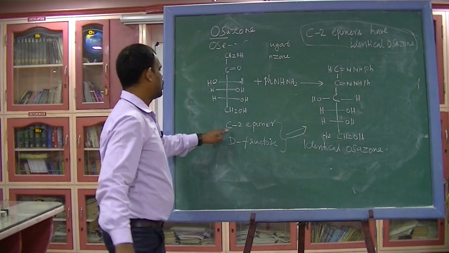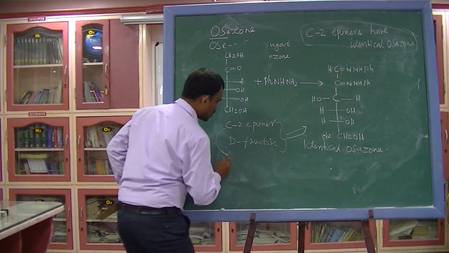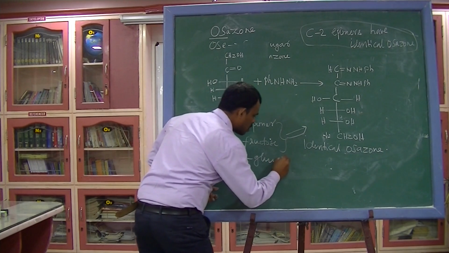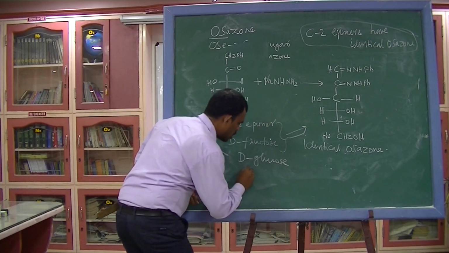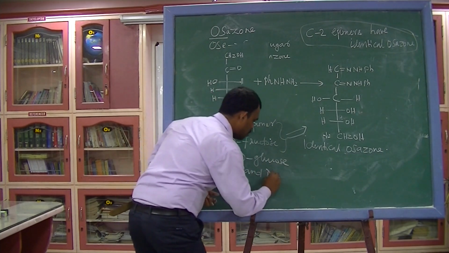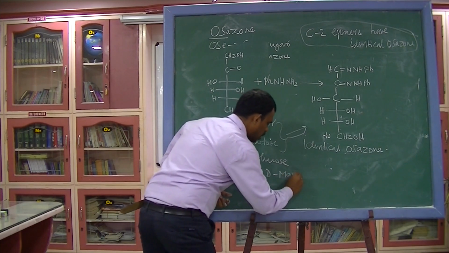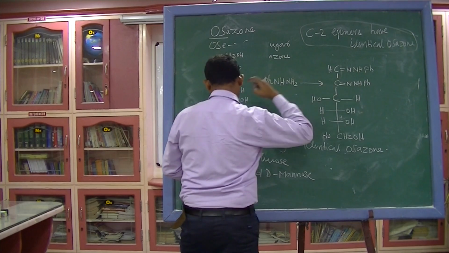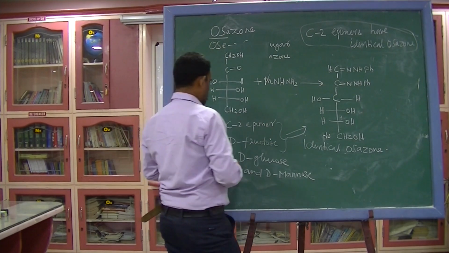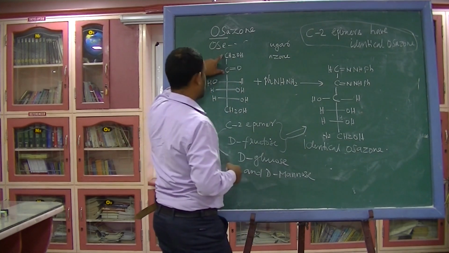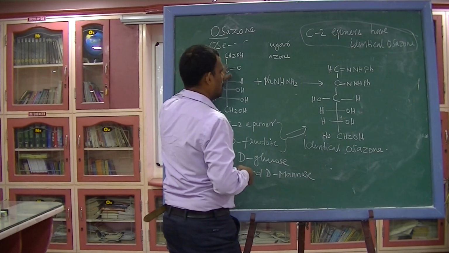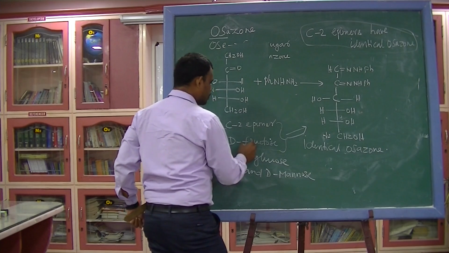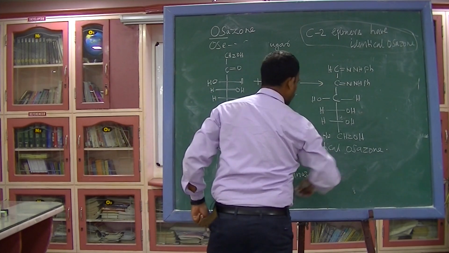So C2 epimers, for example, D-glucose and D-mannose, any C2 epimers, will give identical osazone. Similarly, we have lost 2 carbons, right? This one. Instead of that, it forms imine. So D-fructose gives the same osazone.